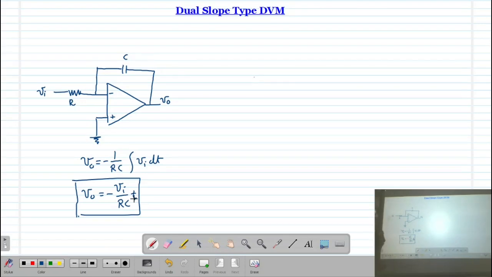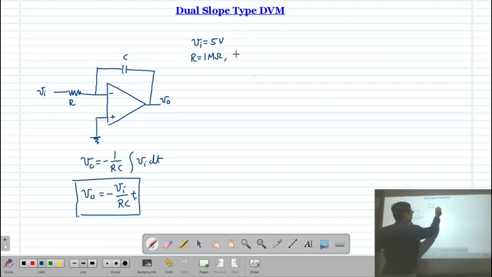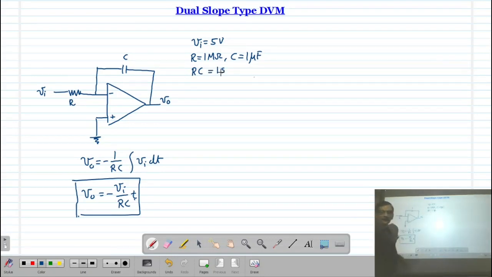So let us take an example: the input voltage is 5 volts, the value of the resistance R is 1 mega ohm, C is 1 microfarad, and therefore your RC time constant comes out to be 1 second.